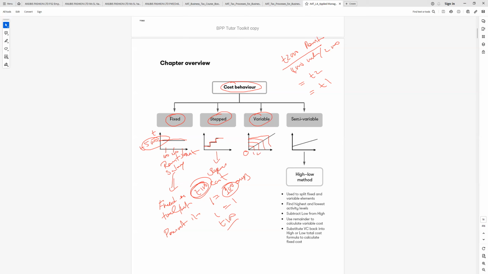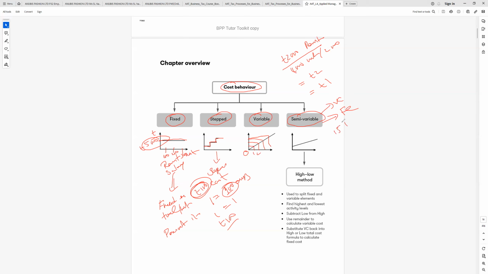The next one we have is semi-variable cost. Semi-variable cost is all about when there is a mixture of variable cost and fixed cost. When these two costs are together, we call it semi-variable cost. That means up to a certain level the cost is fixed, and after that it is variable. For example, if you're looking at the internet or a BT mobile phone, £15 is the line rental.